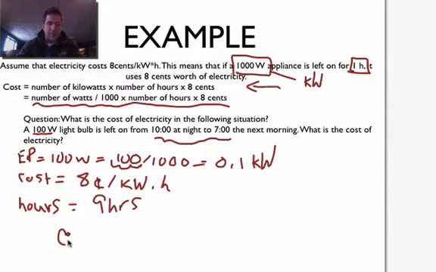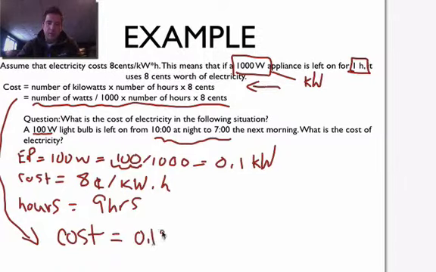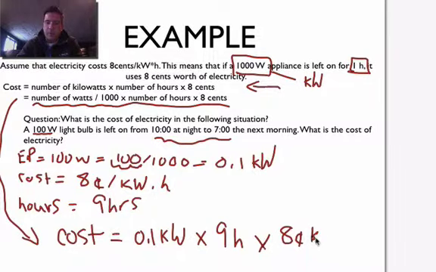Well, my cost, and remember from up here, is going to equal 0.1 kilowatts, multiplied by the number of hours, which was 9 hours, and then also multiplied by the cents per kilowatt hour, which is 8 cents per kilowatt hour.